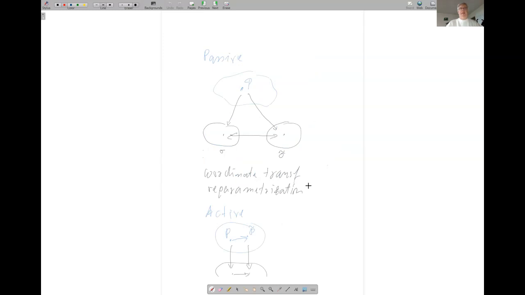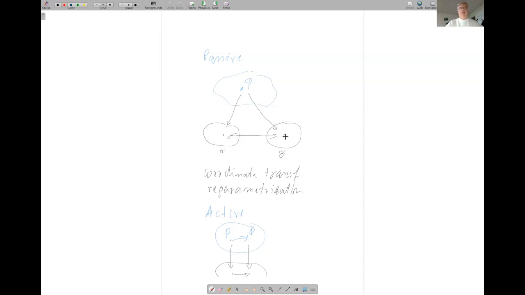Just to expand a little bit on this, passive interpretation, or interpretation as a reparametrization, means the following. Up here in blue, we have a little piece of our worldsheet. There's a point P, and we can parameterize this with different coordinate systems, say the coordinate system sigma and the coordinate system sigma tilde.